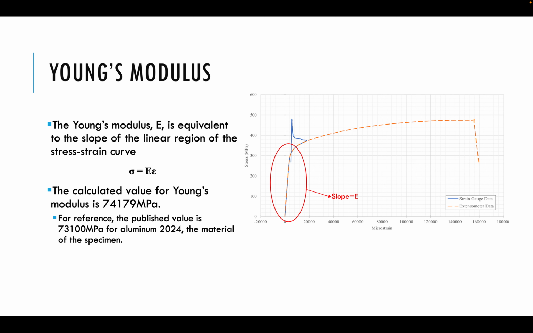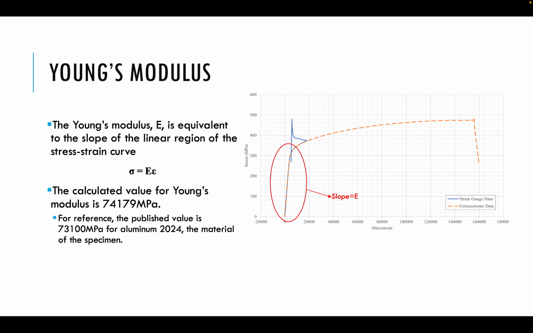In our testing, we calculated the Young's modulus of the specimen using the measured data from the stress-strain curve. The equation used to calculate this is as follows, where sigma represents stress, epsilon represents strain, and E is the Young's modulus.